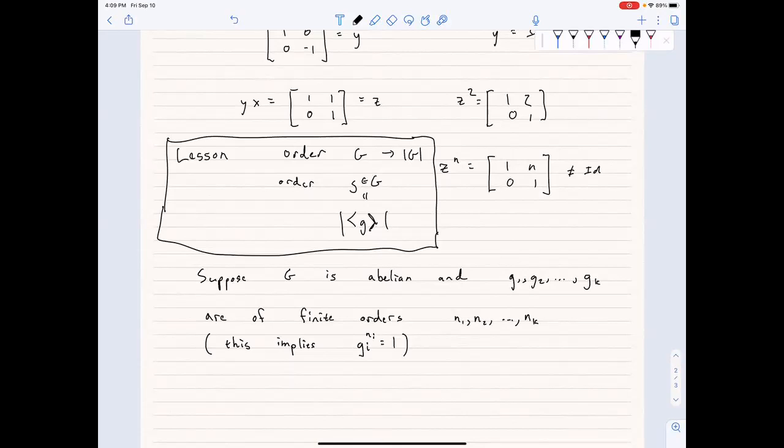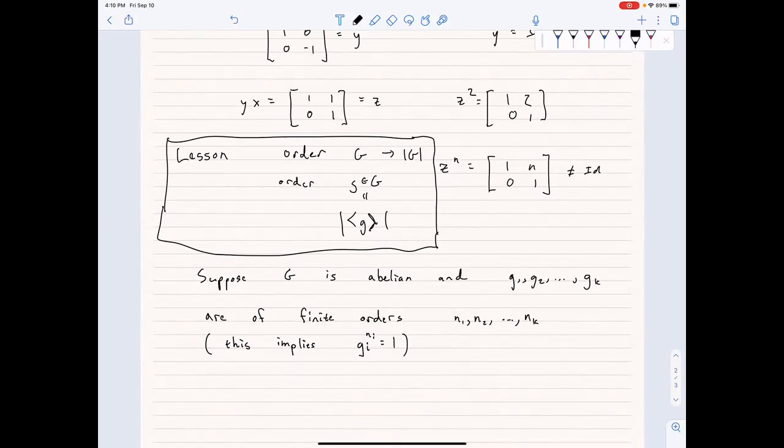Well, that's the definition of order. For this problem, we don't really care about that part of the definition. Sometimes the smallest part is important because it gives you the size of that cyclic group, but for this problem, it doesn't matter so much.